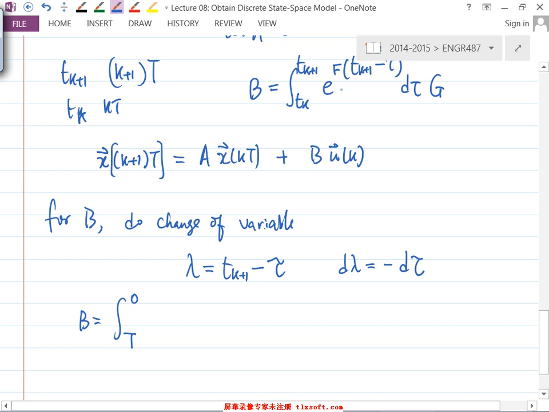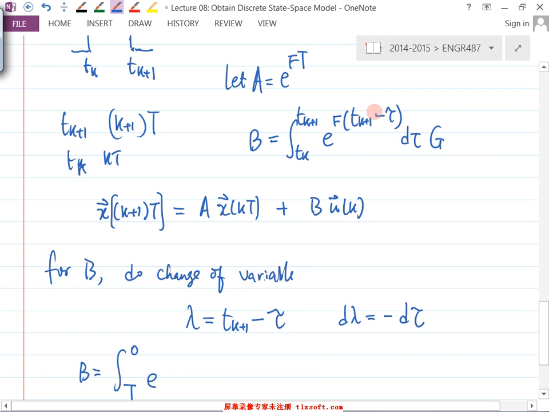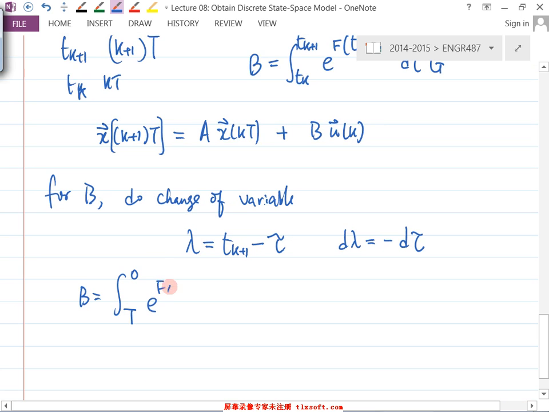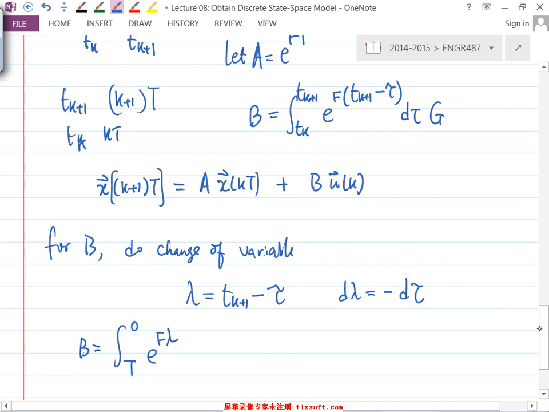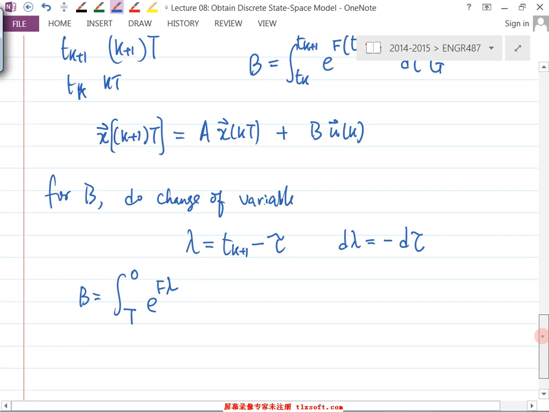And this e to the power of f times the whole chunk is e to the power of f lambda, right? And d tau, what's d tau? It's a negative d lambda, and then times the g.